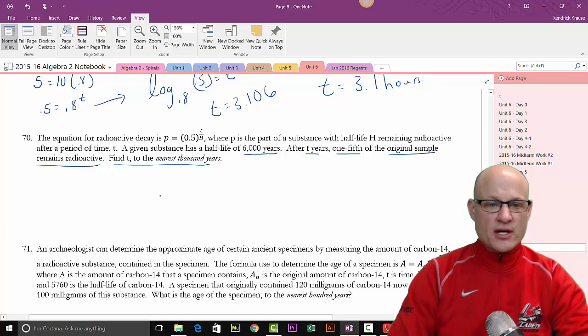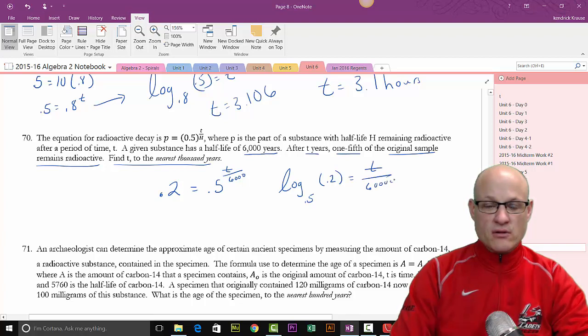1/5. So I have 0.2, which is 1/5 of this thing left, of 0.5 to the T over 6,000. So when I convert this to a log equation, I get log base 0.5 of 0.2 is equal to T over 6,000.